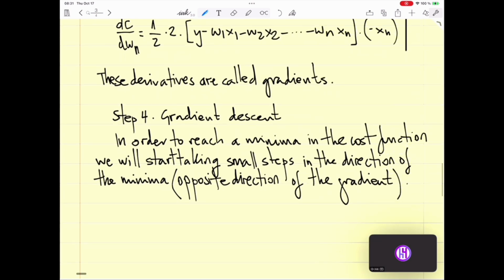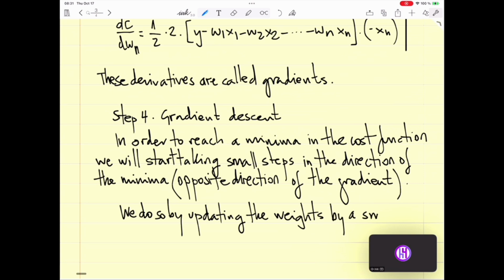We do so by updating the weights by a small amount. This amount is called learning rate.